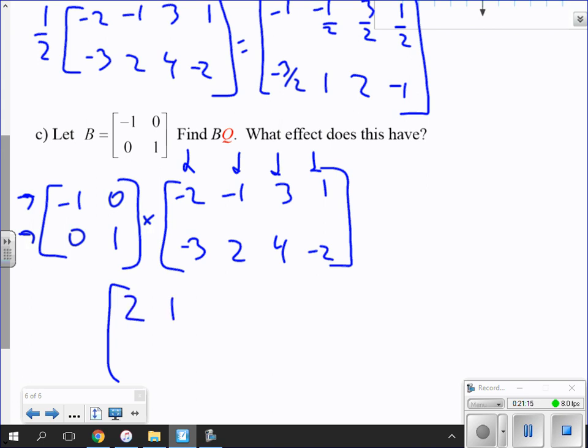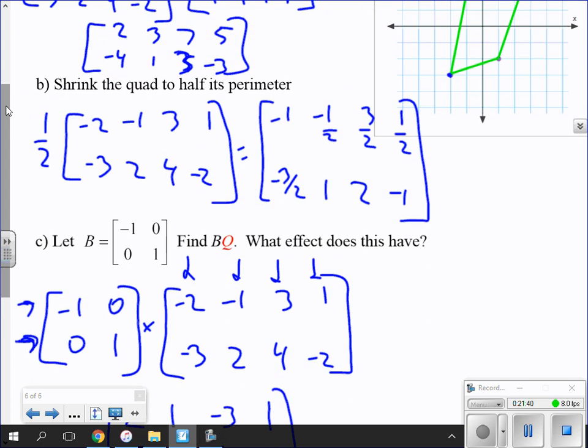So I get 2, 1, negative 3, 1. And when I take the bottom row times every column, that's 0 times all the tops and 1 times all the bottoms, so the bottom just repeats itself: negative 3, 2, 4, negative 2.